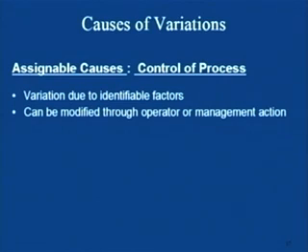It can be modified through operator or management action. We can look back into the history and find out what happened to that particular product. Sometimes we are using the wrong die; that may be one special reason. Sometimes when you are setting the product on a machine, the tool or the workpiece may fall down. Those are special reasons.